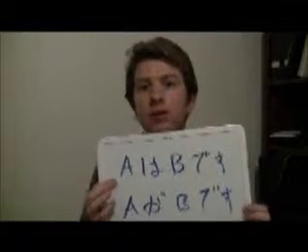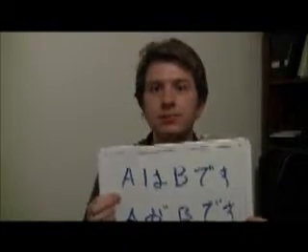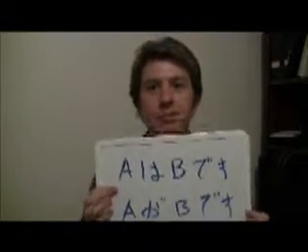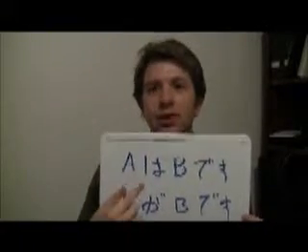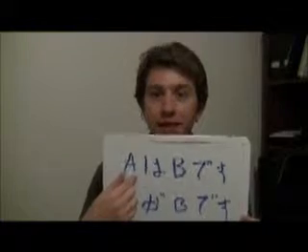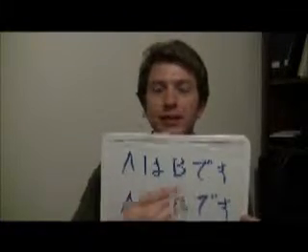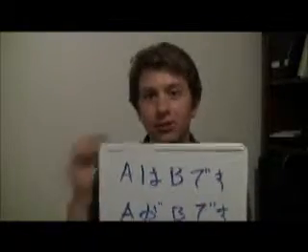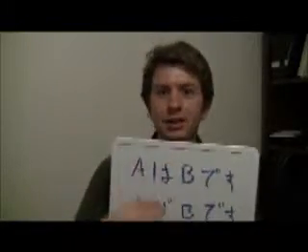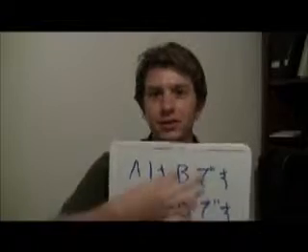Okay? So, in this case, it is the subject, but this wa is not a case particle. This wa is not telling me that A is the subject of the copula. It is not telling me that. There is a subject in between here that's understood.